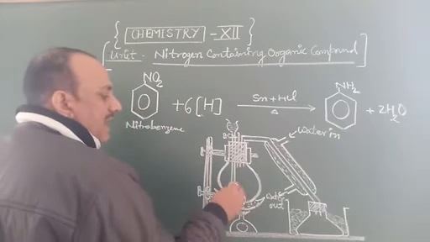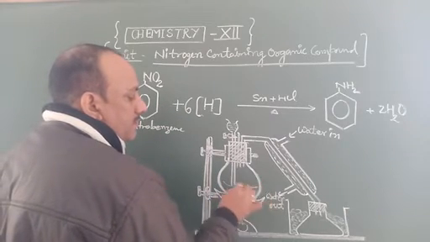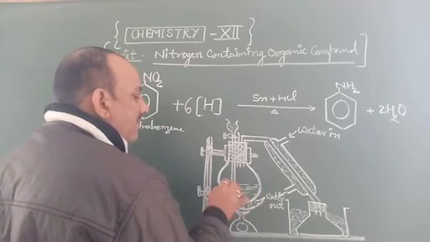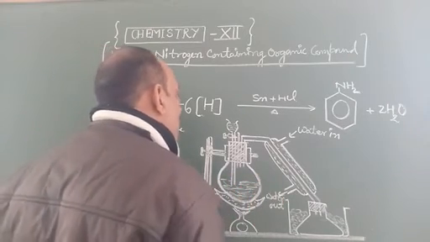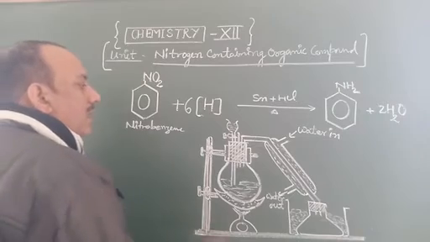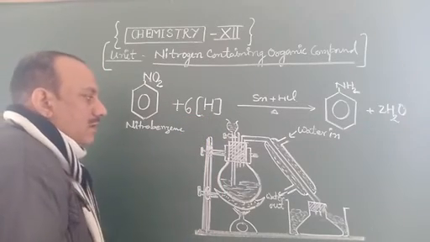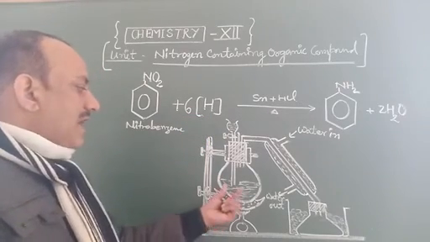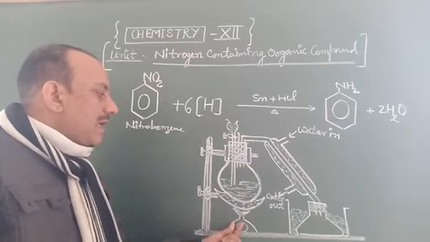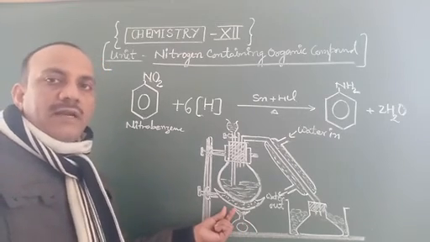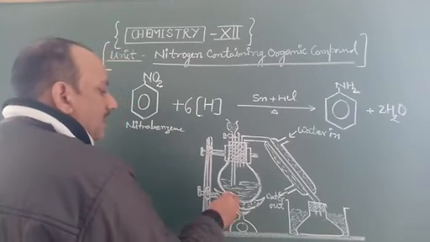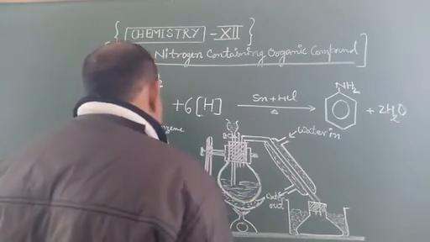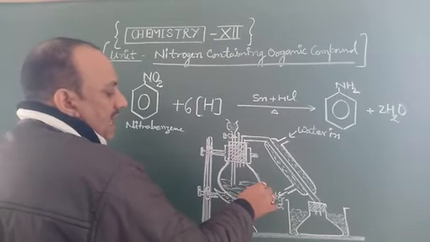Here the mixture of nitrobenzene is taken in a vessel and it is reduced by nascent hydrogen. This flask is heated with a burner and sand heater. This sand heater provides equal energy in the flask.